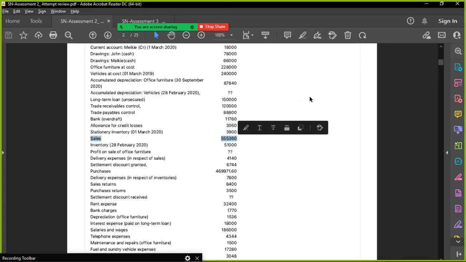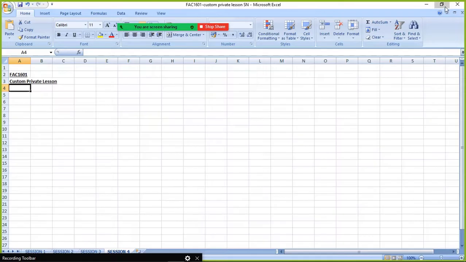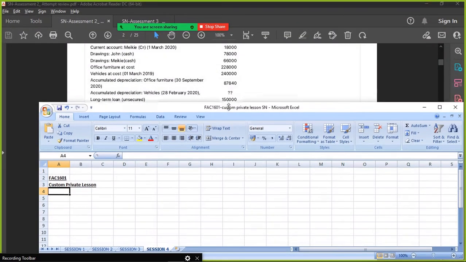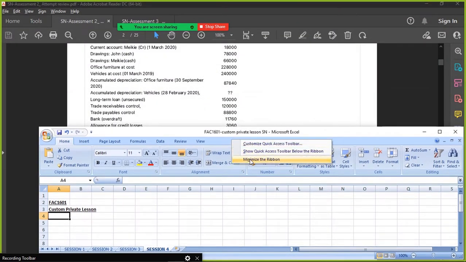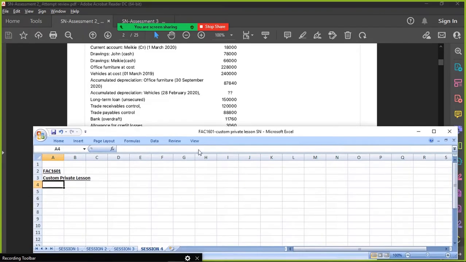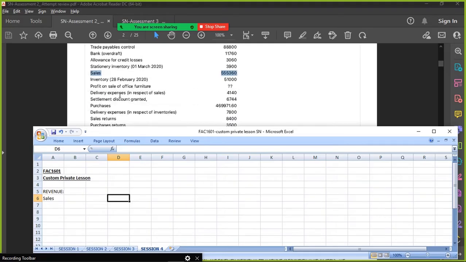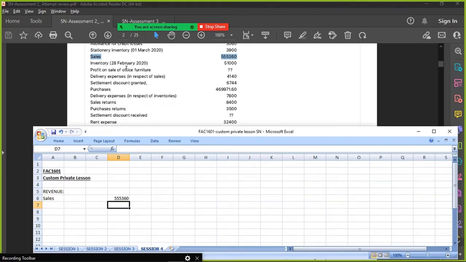That's one figure that we'll need. The sales amount was 555,360.